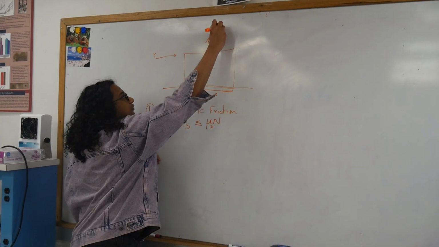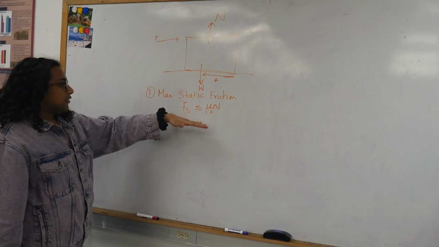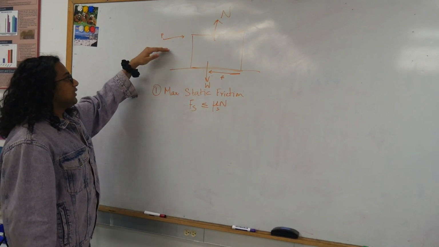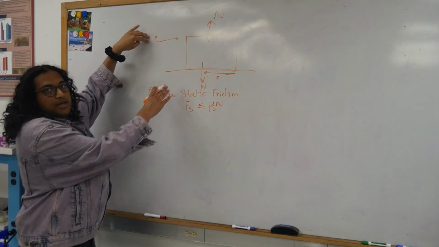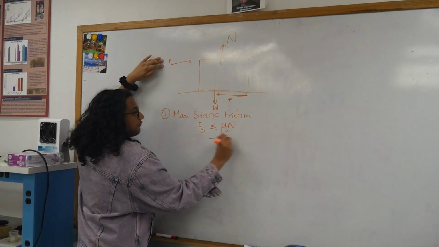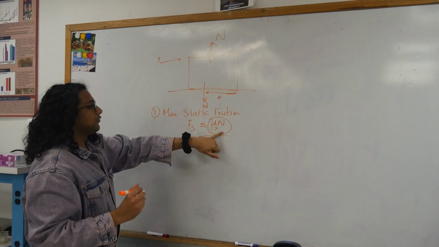This is the normal force, and this is like the weight. The meaning of this is that the friction force is going to be equal to the force applied onto the body before it reaches this maximum value.